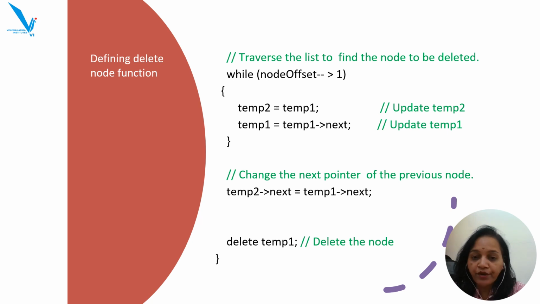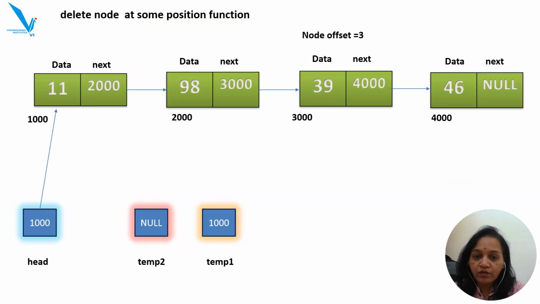Okay, so keep on moving until you find out your position, and once you get the position, you have to change the pointers. So when you get the position, proper position, what you have to do? temp2 of next is equal to temp1 of next, and you have to delete the temp1. Okay, let us see this through the graphics, how it works. So now again we have our linked list at the given positions.